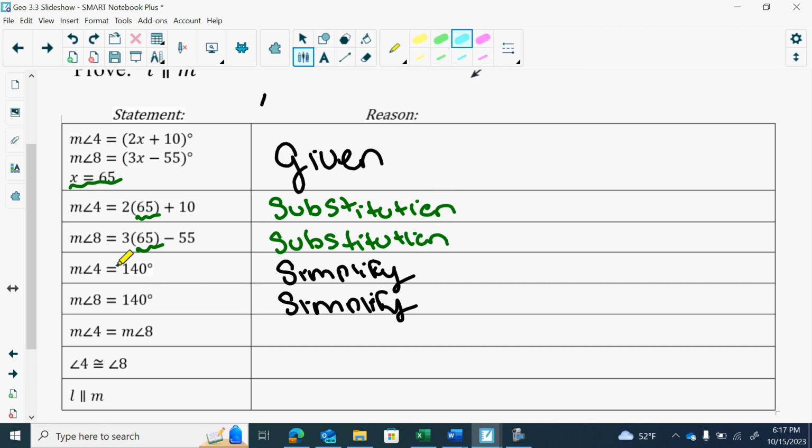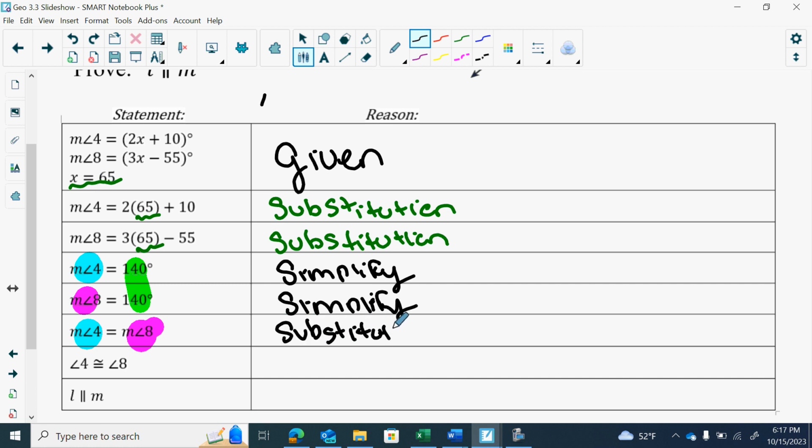So we know here's the measure of angle 4. That's going to go down right here. We know the measure of angle 8 right there. And I know that both of these are 140. So I'm going to replace 140 with the measure of angle 8. And again, that is by substitution.